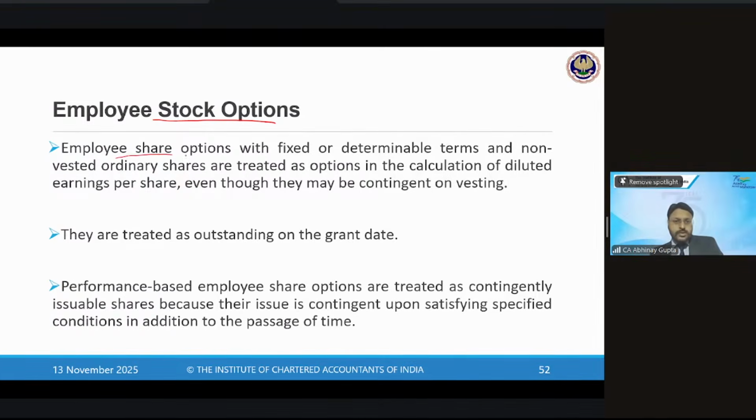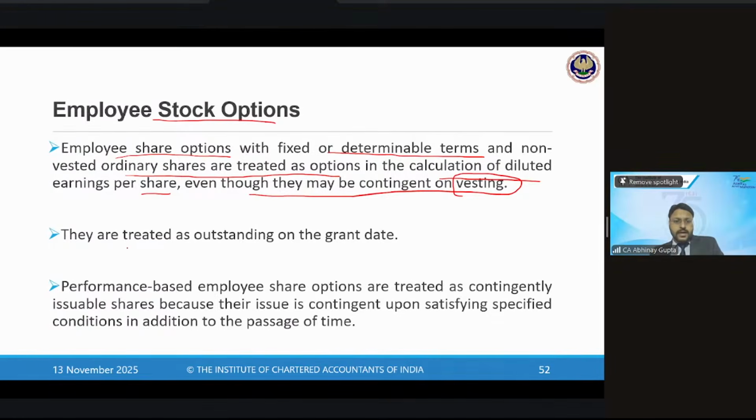Employee share options with fixed or determinable terms and non-vested ordinary shares are treated as options in the calculation of diluted earning per share, even though they may be contingent on vesting, right? The company doesn't know whether the employees will actually continue with the company for the 3 years and get those shares or not, but management can assume that they will be vested to the employees.